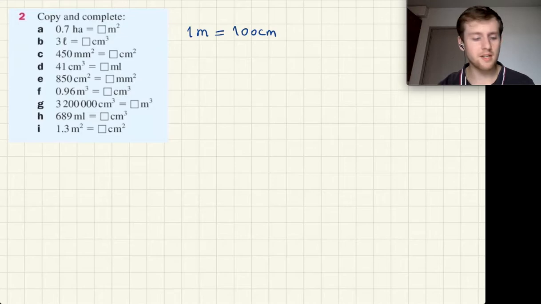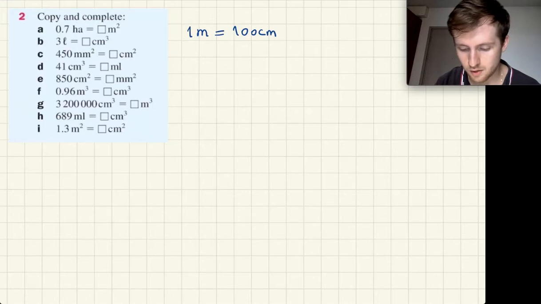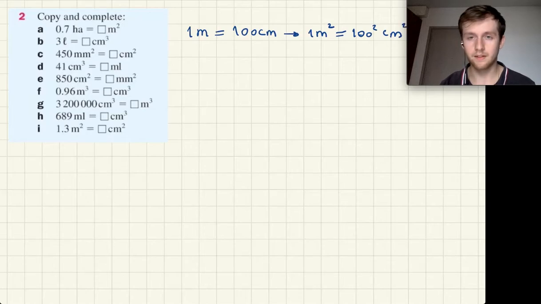You don't actually have to remember how many centimeters squared are in a meter squared. What you can do is say that 1 meter squared would be equal to 100 squared centimeters squared, like this.